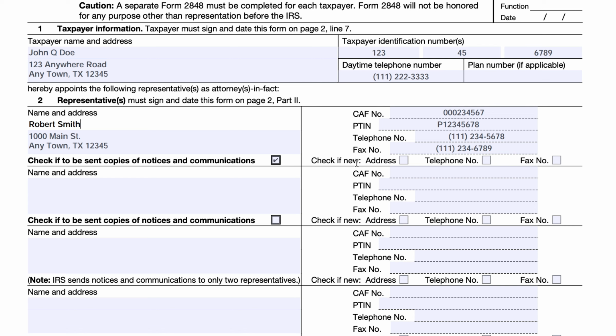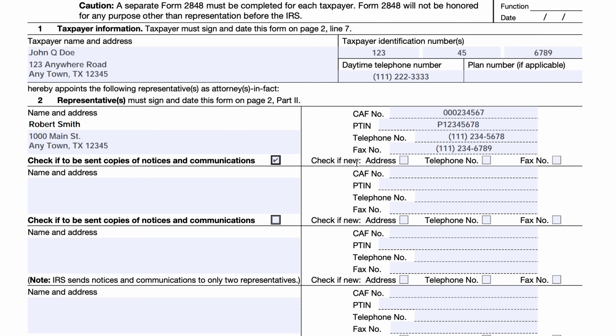The CAF is simply a centralized file so that if an IRS employee needs to research whether a specific representative has the taxpayer's authorization, they can go into the CAF file and pull that out. But they don't necessarily need access to other parts of a taxpayer's tax record.